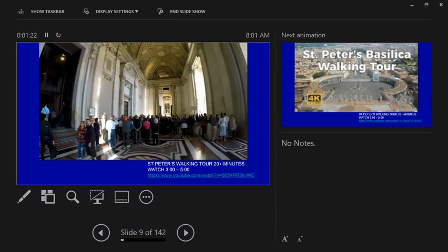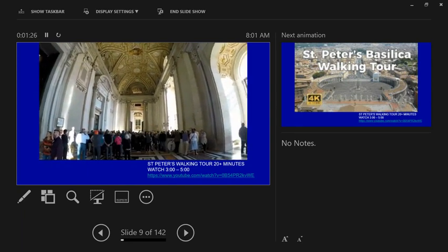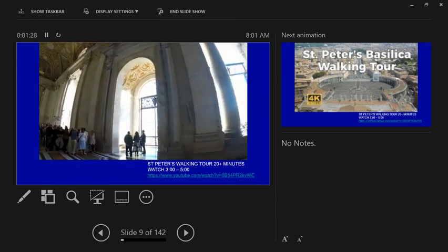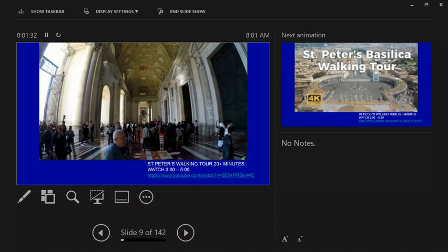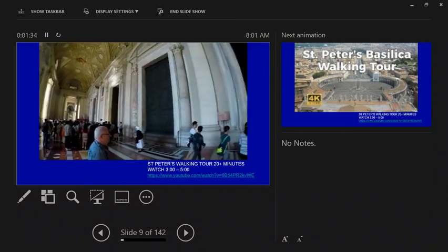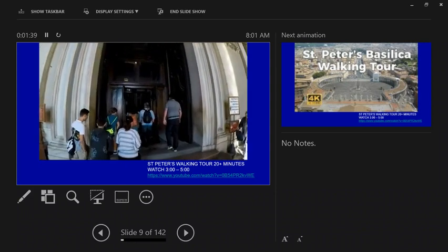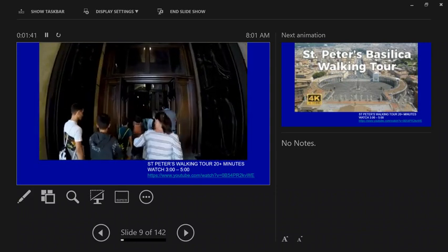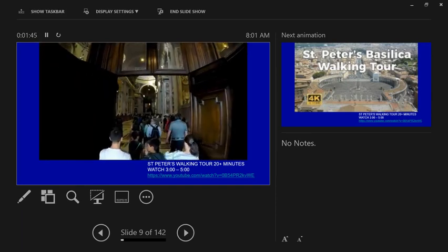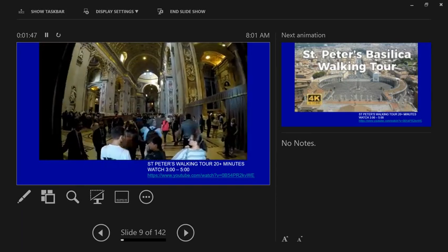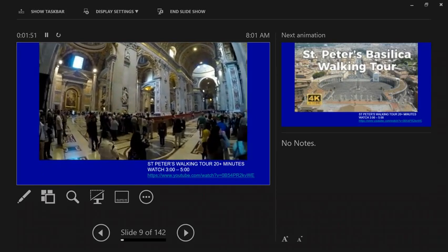And just to give you a sense of the scale of this building, you can see how massive it is on the inside.